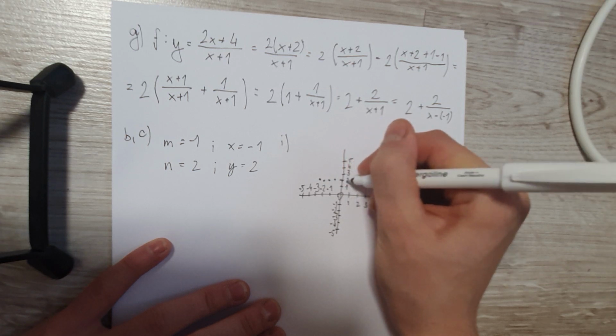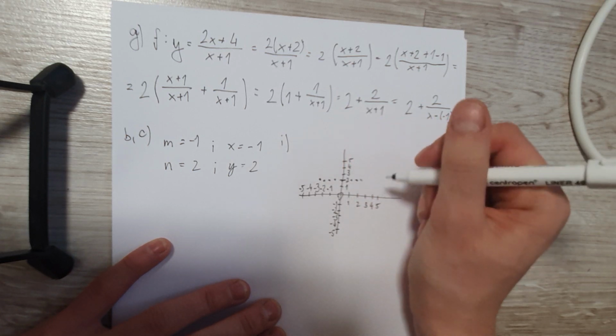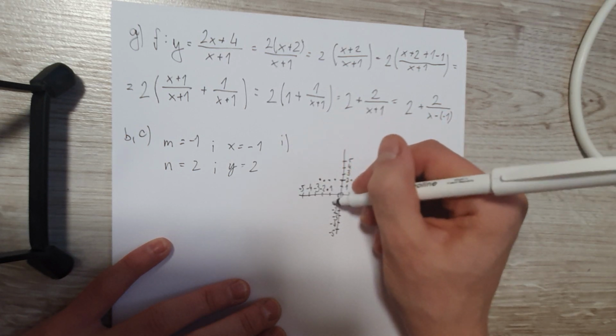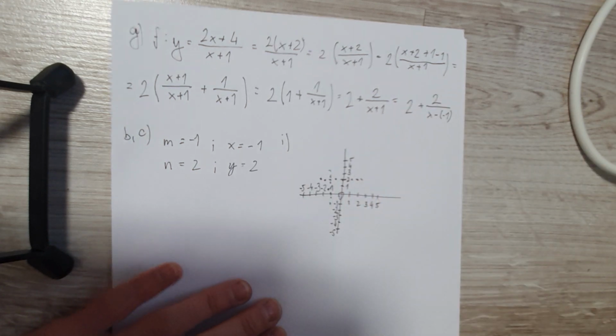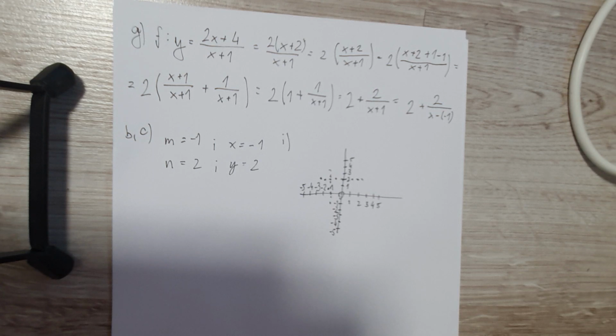And the vertical asymptote is minus 1, so it's right here. Okay, and now I will get to the graph. Now I will draw a graph.